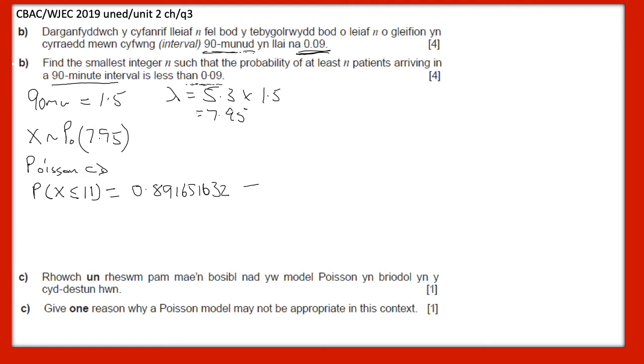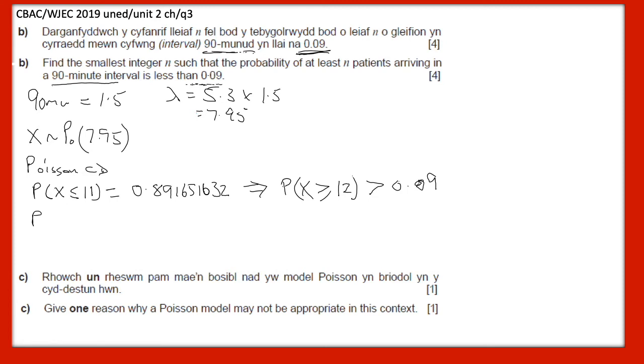But the implication of that is the probability that x is greater than or equal to 12 is greater than the 0.09 that I require.